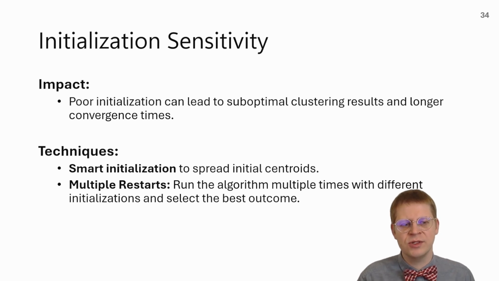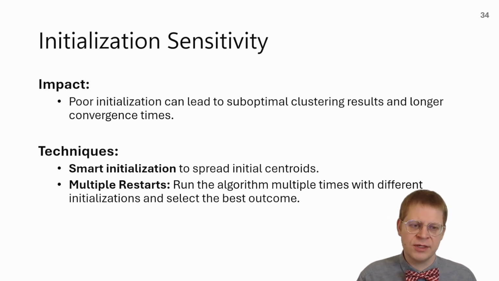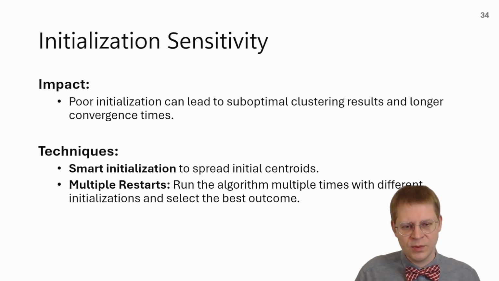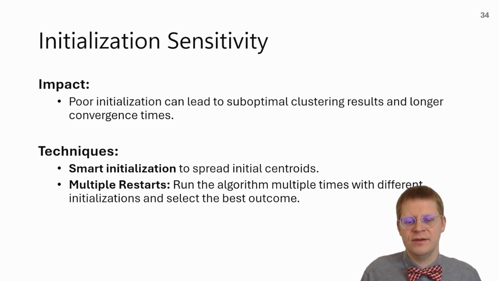This minimizes the risk of starting with centroids that are too close or poorly placed. Run algorithms several times with different initializations and pick the best results. Smart initialization and multiple restarts are simple ways to significantly improve your clustering results without changing the algorithm itself.